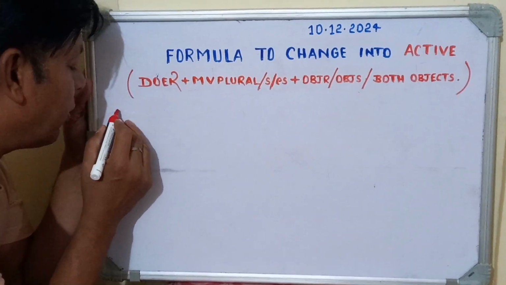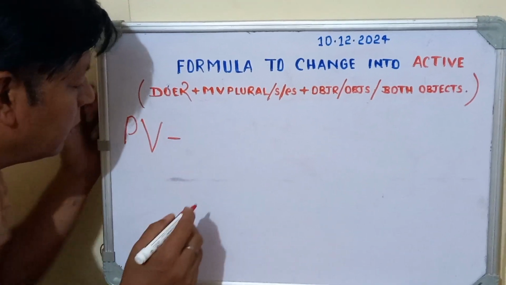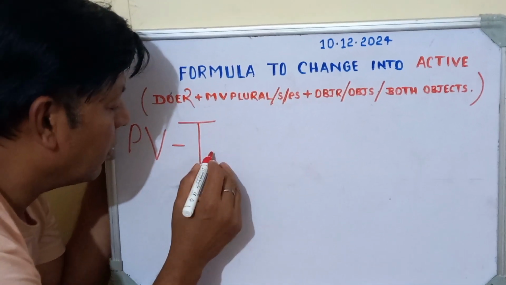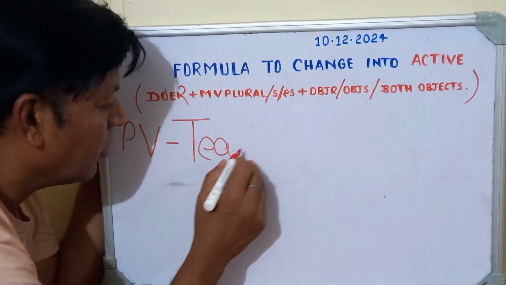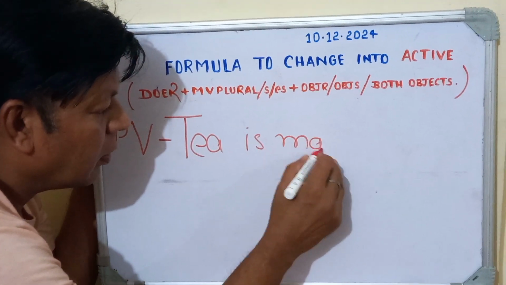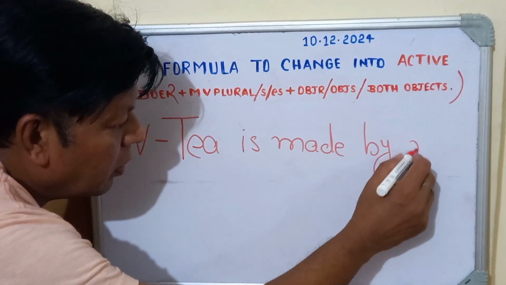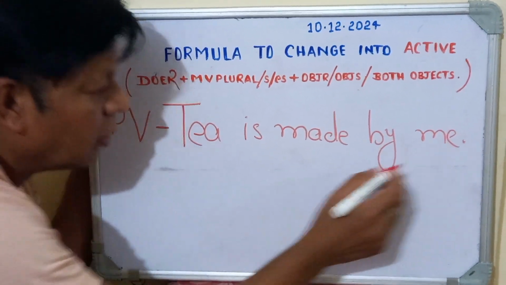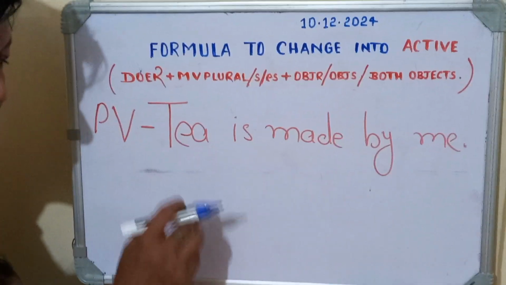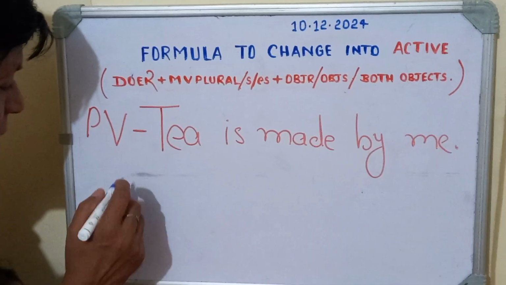Sentence of passive voice. So now here is the sentence of passive voice, and now we have to change this into active.